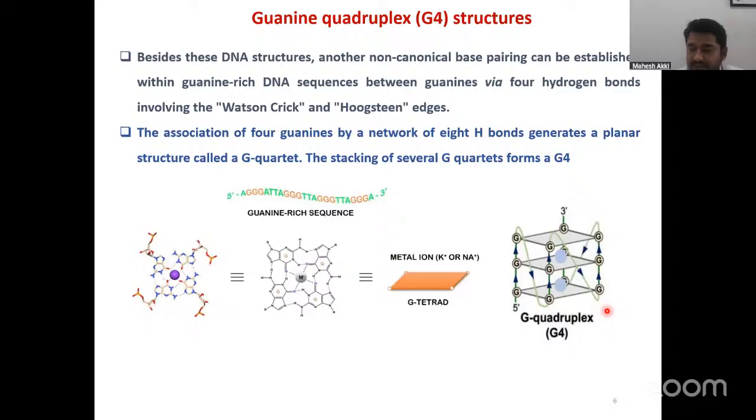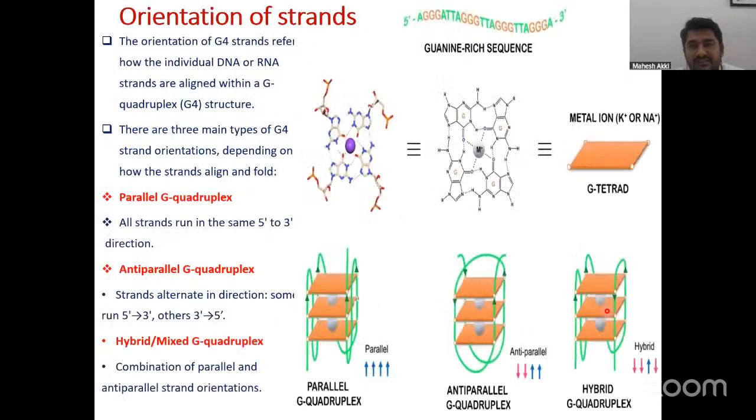Coming to the orientation of these strands, there are mainly 3 types of G4 based on how the strands run. One is parallel G quadruplex, second is anti-parallel G quadruplex, and third is hybrid or mixed G quadruplex. Coming to parallel G quadruplex, you can see in the image that all the strands run in the 5' to 3' direction.